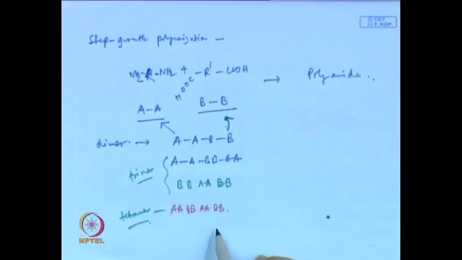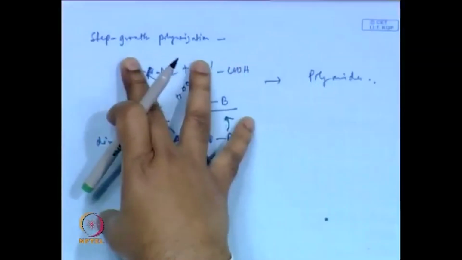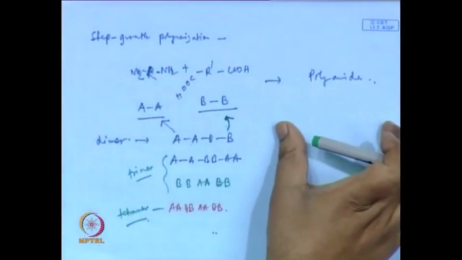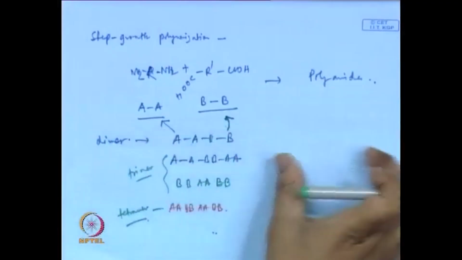In the next class I will continue with condensation polymers and talk about the difference between chain growth polymers and step growth polymers. Then the difference in the mechanism of these polymerizations will become more clear.